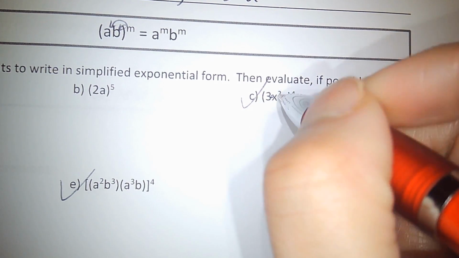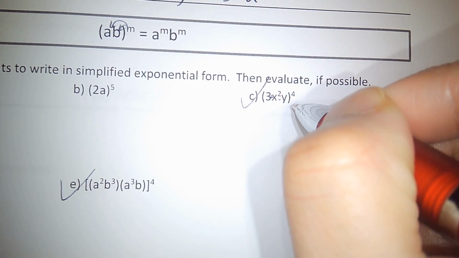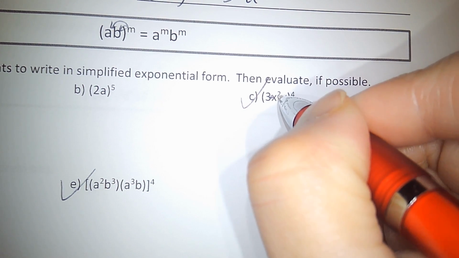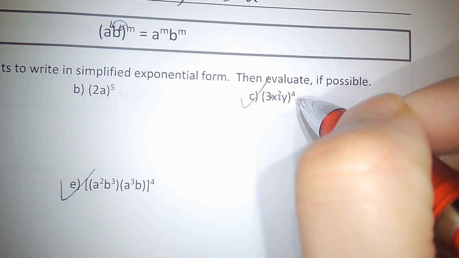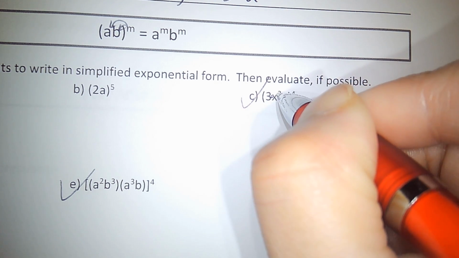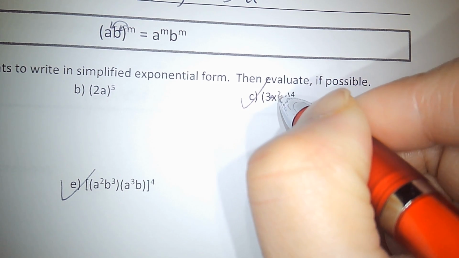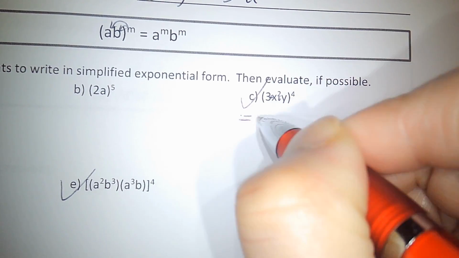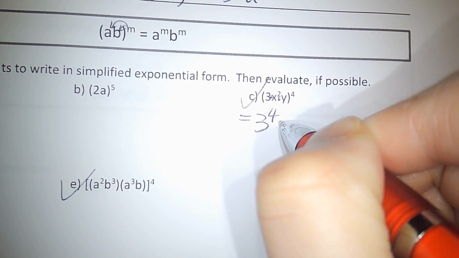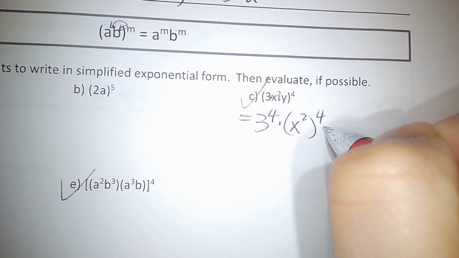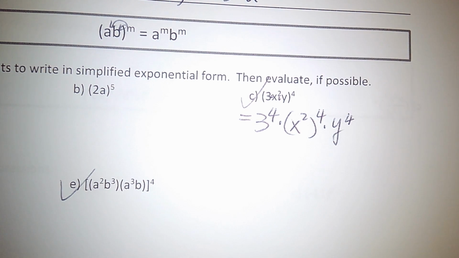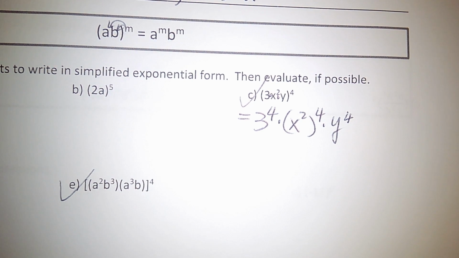We have x squared. Then we have a y. So what do we do? Distribute the 4th power to each of the factors. So we should have 3 to the 4th power, x squared to the 4th power, y to the 4th power. You guys agree with that? Right?